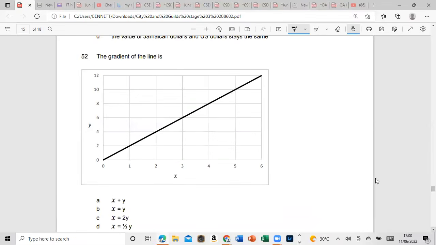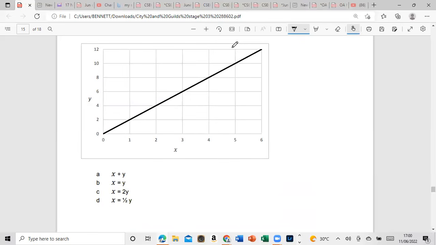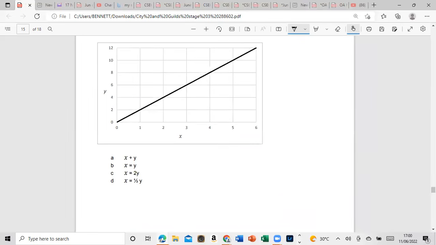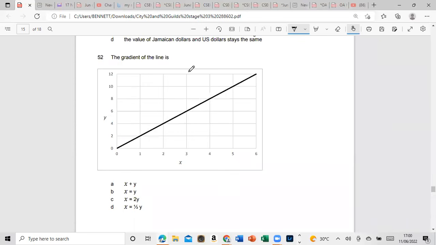Alright, so I need to do that with my students. Gradient. Alright, so let us go and get the answer. The gradient of the line is, alright, so it's actually a very tricky question. So we can eliminate these two.